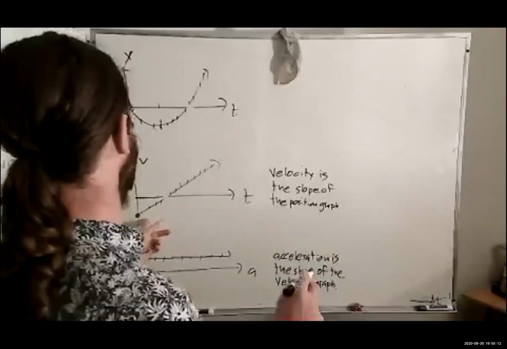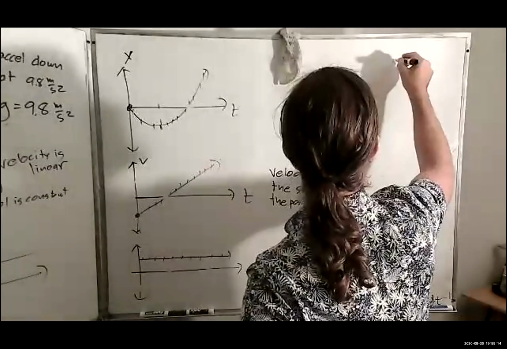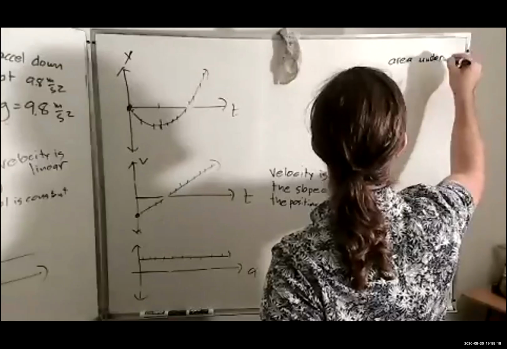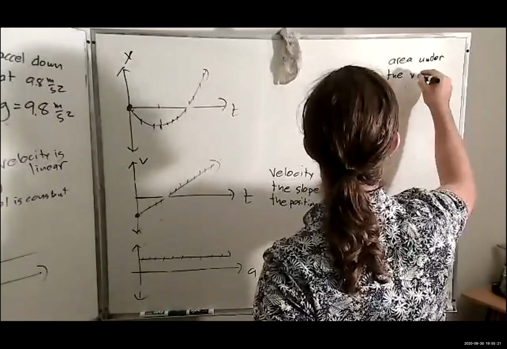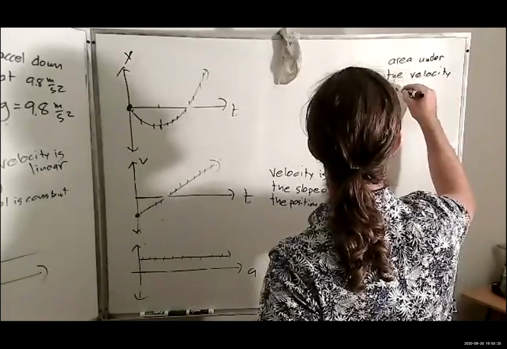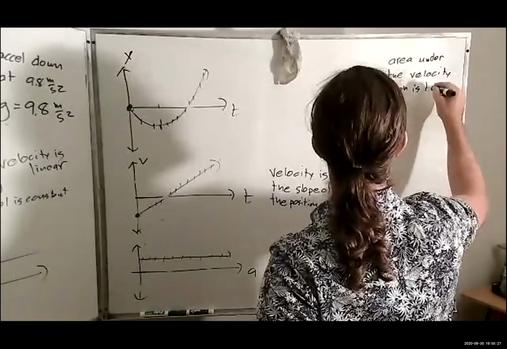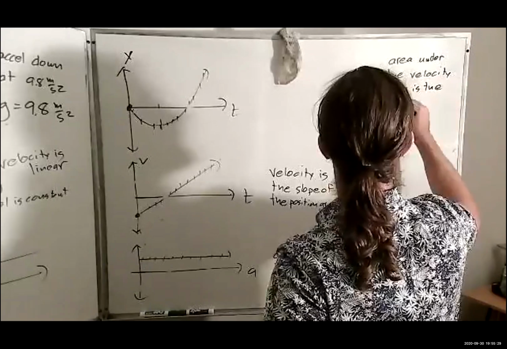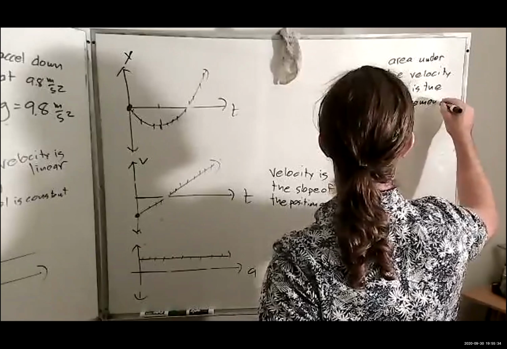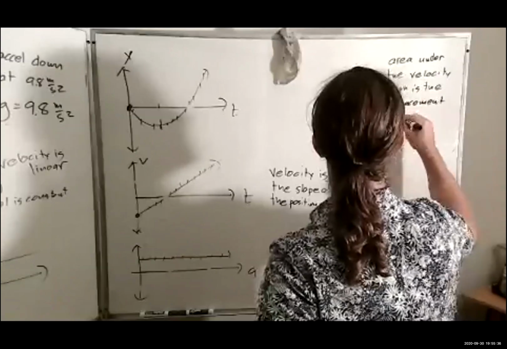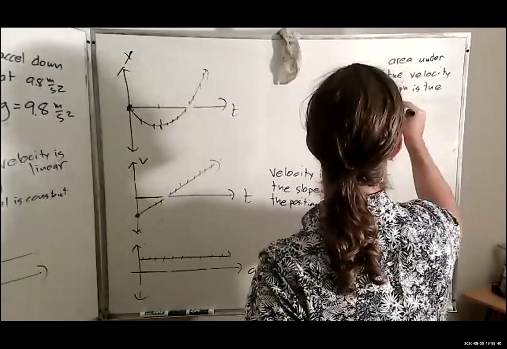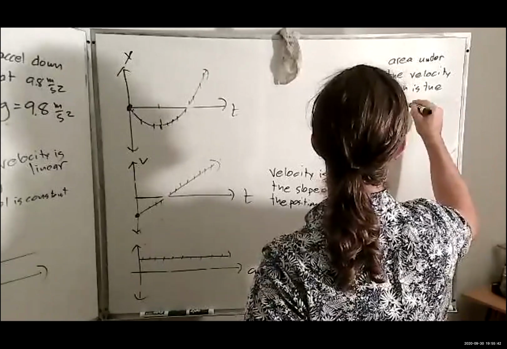The area under the velocity graph is the displacement, or change in position. Same thing, just one less word.